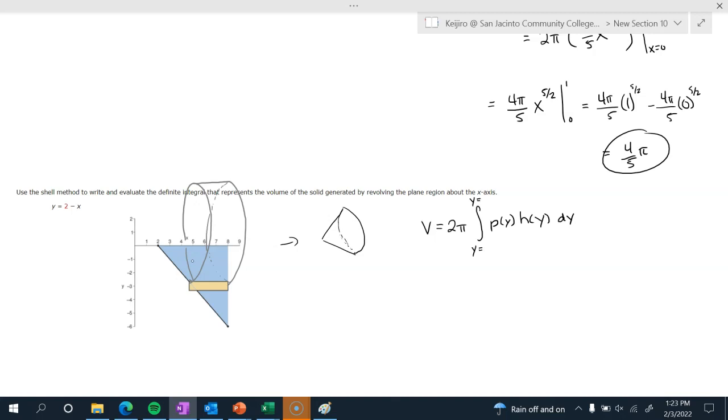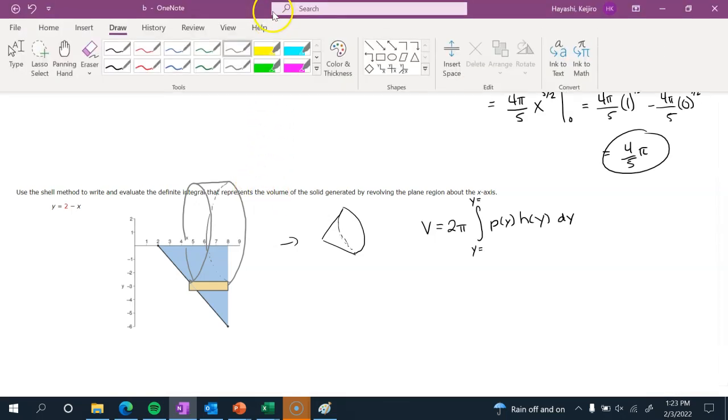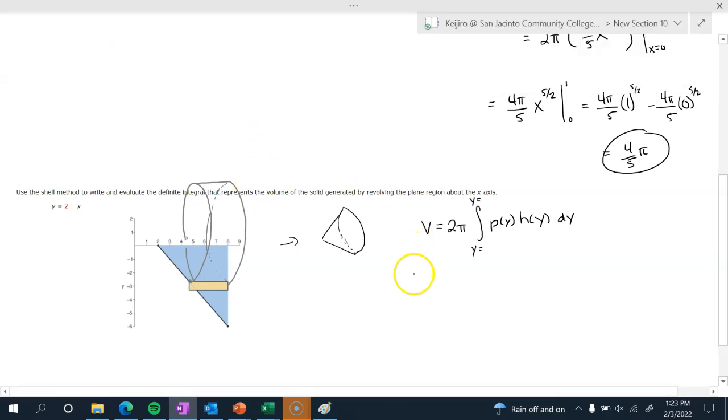Okay, so y clearly, the bounds of integration, right, are going to be y values. And so y is going to start at -6, actually, because it's always going to go from low to high. So y equals -6 up to y equals 0.